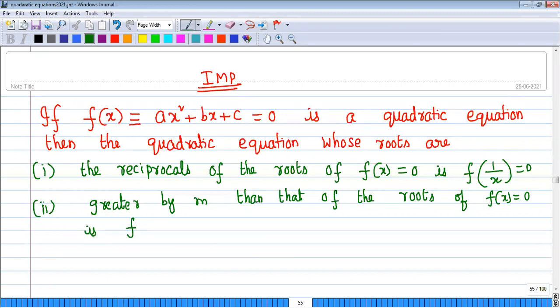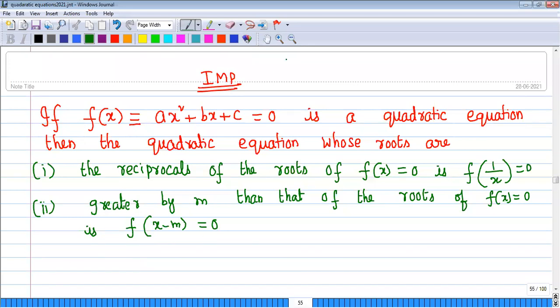So now in the place of x, substitute x minus m. F of x minus m is equal to 0. So that means, for example, if alpha, beta are the roots of ax square plus bx plus c is equal to 0, then the quadratic equation formed by the roots alpha plus m, beta plus m will be obtained very simply. In the given quadratic equation, in the place of x, replace x minus m. F of x minus m is equal to 0. If you simplify, you will get the answer.